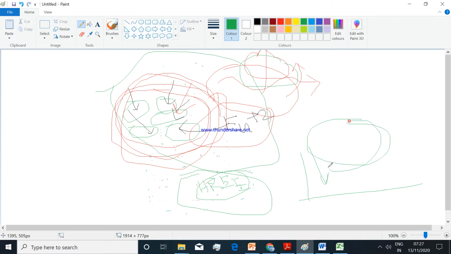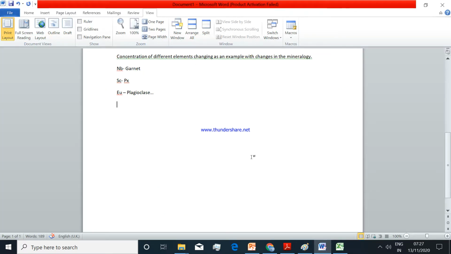So if a magma is coming from partial melting at depth, and at the deeper situation some garnets have crystallized or remained as restites, the magma which is rising upward will be less rich in these rare earth elements.